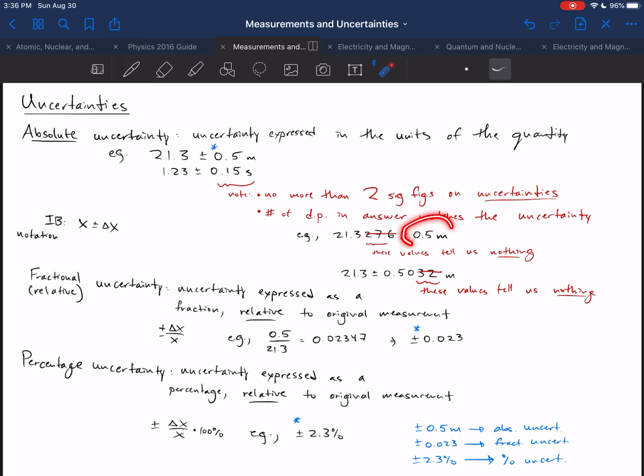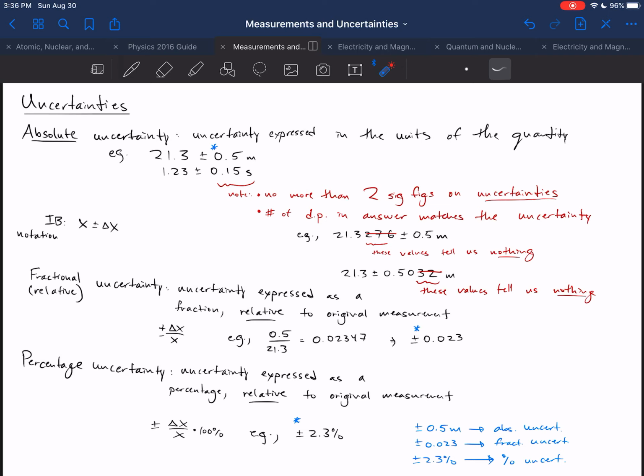It's not that this is one significant figure and therefore this is one significant figure. It's that this is one significant figure right here, and that significant figure is in the tenths place, and so I'm going to write my actual value to the tenths place.